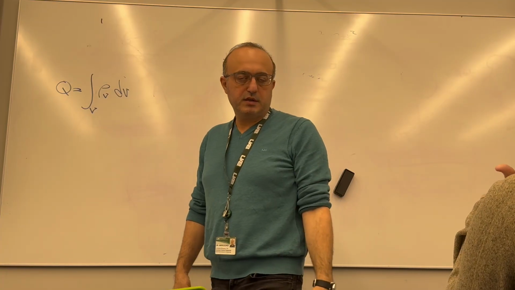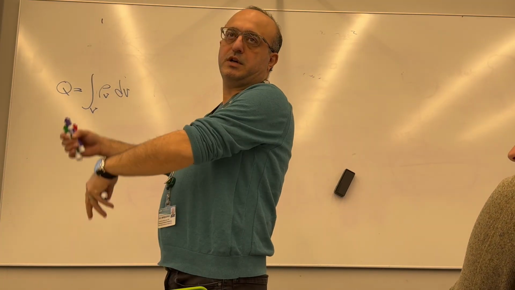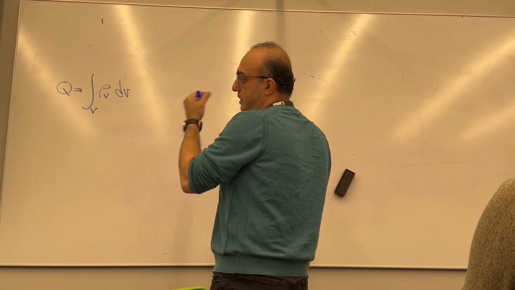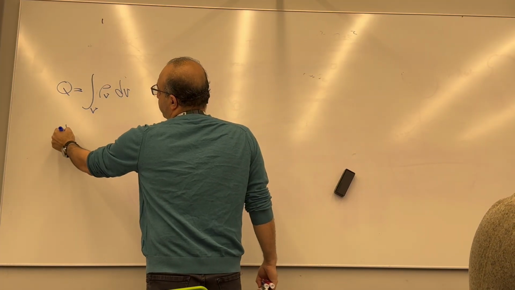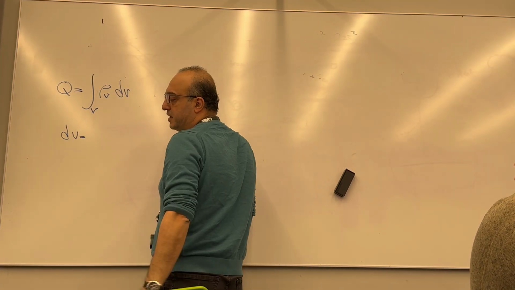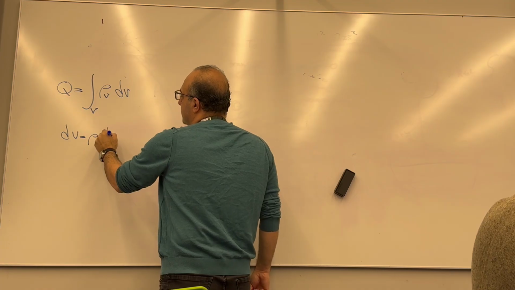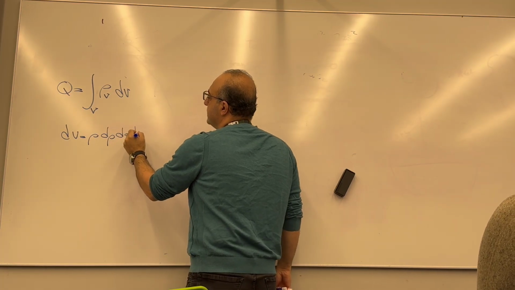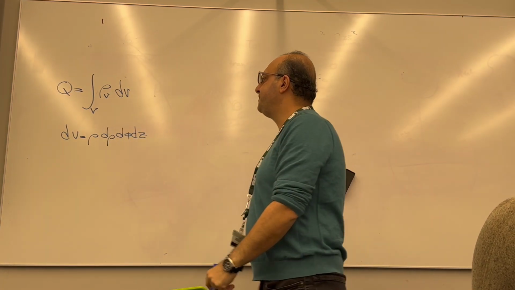Charge, am I right? Just double check and correct me, because I don't remember our formulas. dV in the cylindrical system is rho d rho d phi dz.